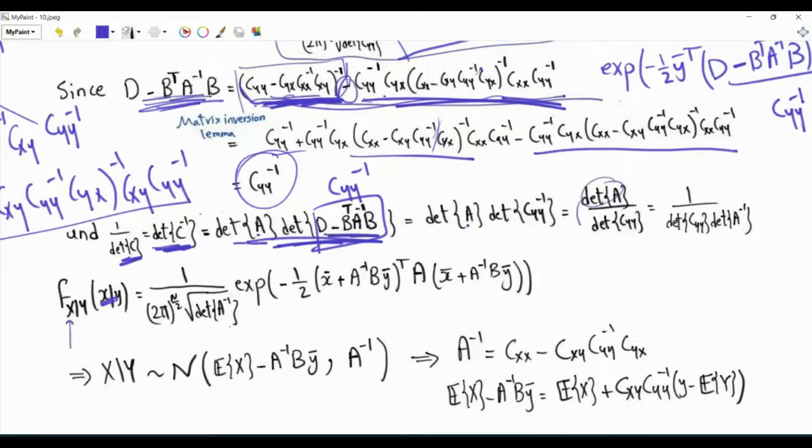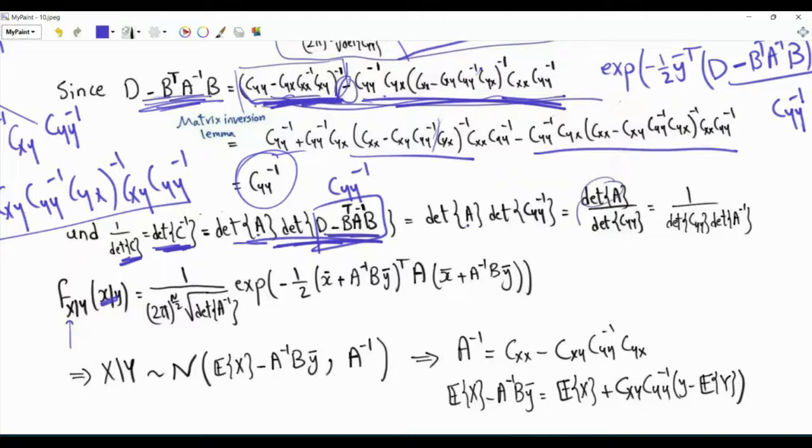We know them, and based on them, we want to estimate the unknown random variables in vector X. And so we ask what is the distribution of X given Y. It turns out that the distribution is a multivariate Gaussian distribution.